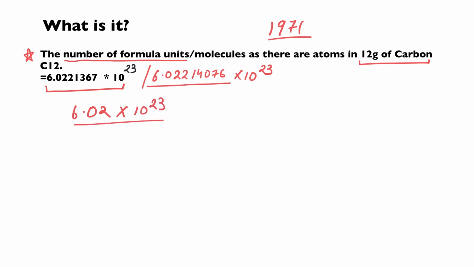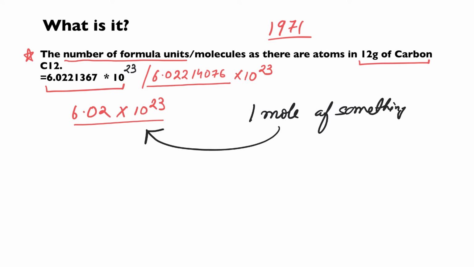So when I say I have got 1 mole of something, what I mean is I have got 6.02 times 10 to the power 23 items of something. Now remember, it's just like talking about a dozen of bananas. When you say you have got a dozen of bananas, you mean you have got 12 bananas. Same way, when you say you got a mole of something, that means you have got 6.02 times 10 to the power 23 of that thing.